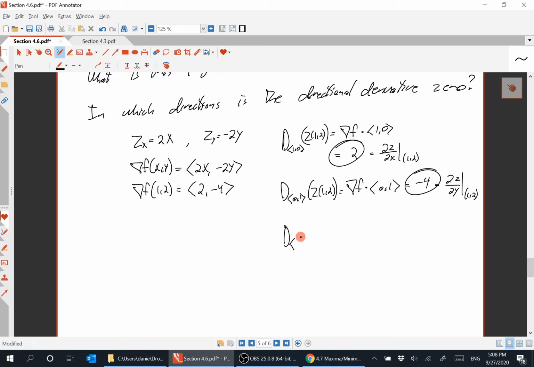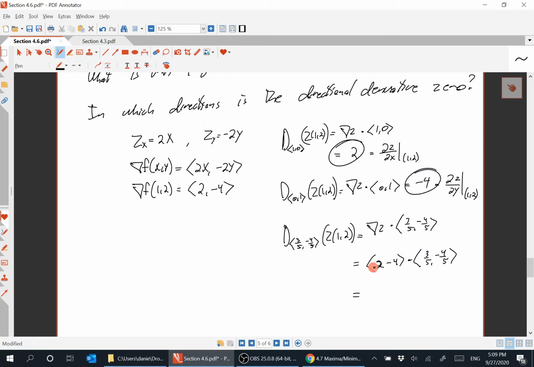The directional derivative in the direction of (3/5, minus 4/5) of z at (1, 2) is equal to the gradient of z dot (3/5, minus 4/5). So that is (2, minus 4) dot (3/5, minus 4/5).